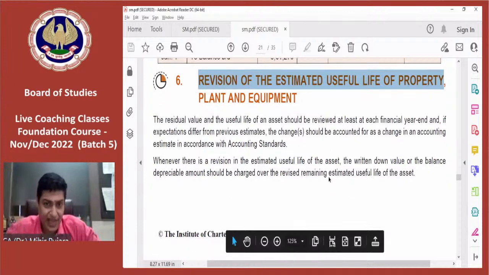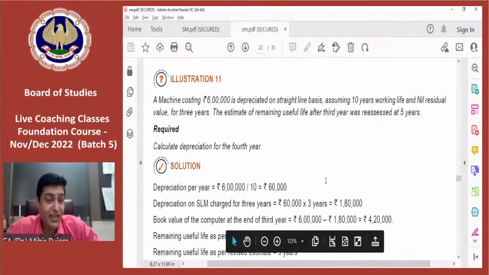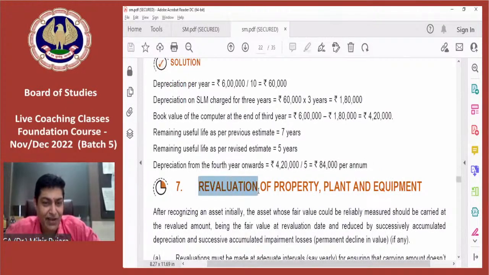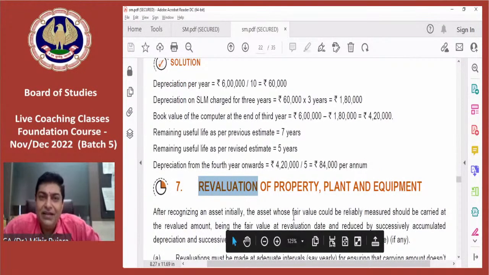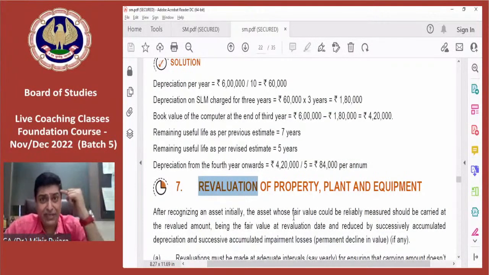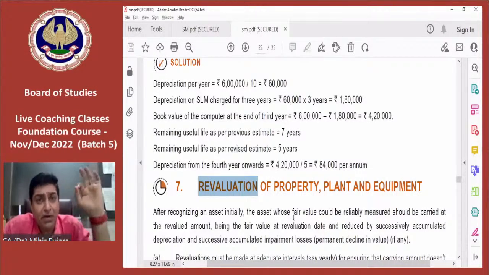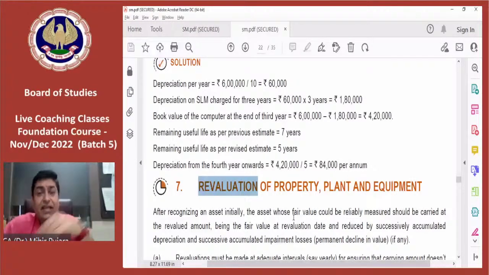Else, we are changing value. Value means revalue. Say for example, guys, listen carefully, friends. I purchase an asset of rupees 1 lakh. I estimate useful life 10 years. So per year, I need to provide depreciation of 10,000. 6 years already passed.